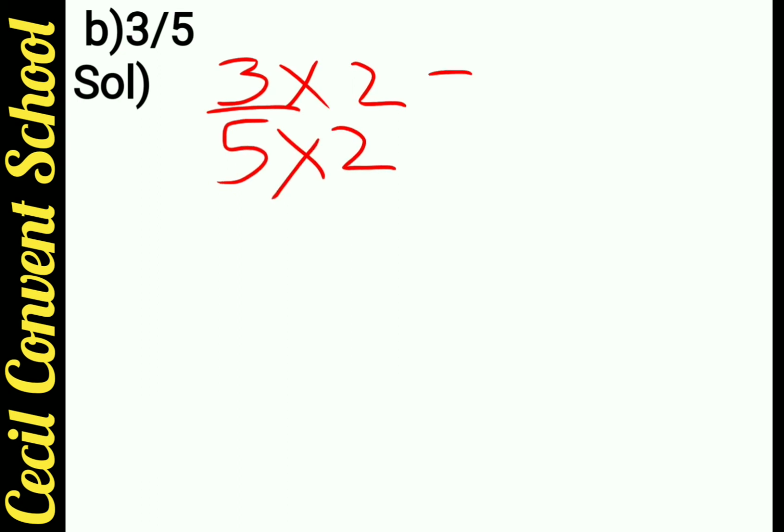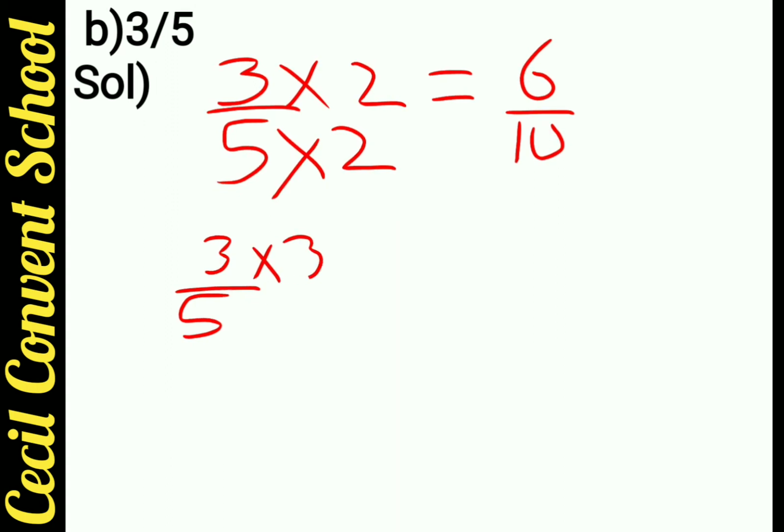So B part is 3 by 5. So 3 by 5, clear? Firstly I multiply by 2. When I multiply by 2, the answer comes 6 by 10. Clear? Then 3 by 5 I have to multiply by 3.